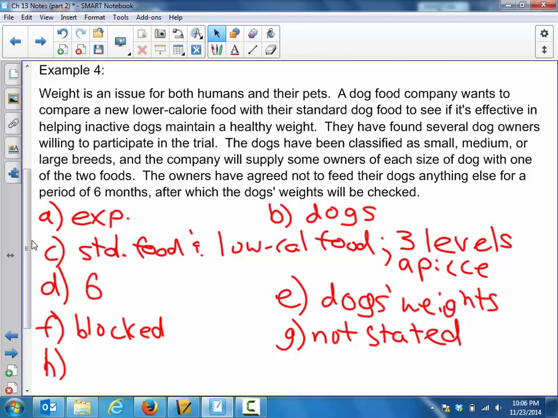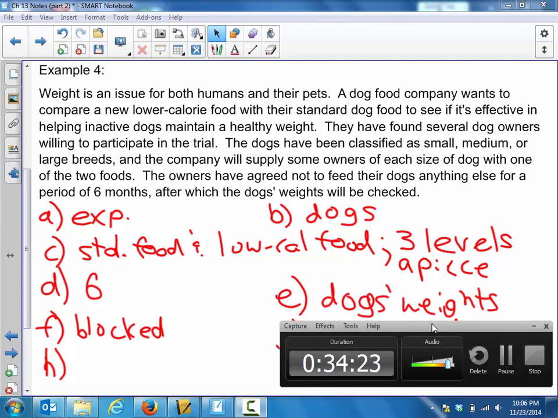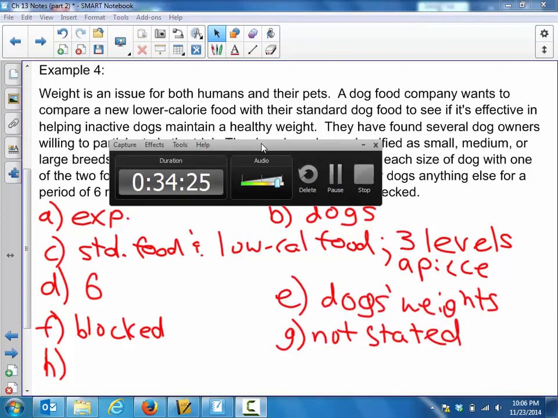As long as the dogs are pulled from the dog population in such a way that they're not all Bichons or all Labs or all Dalmatians, the fact that we've grouped them into small, medium, or large breeds, and then randomly assign from those 3 blocks the diet type that they're going to get, we actually can generalize pretty well to the whole population of dogs, and to determine best food given a particular dog size.